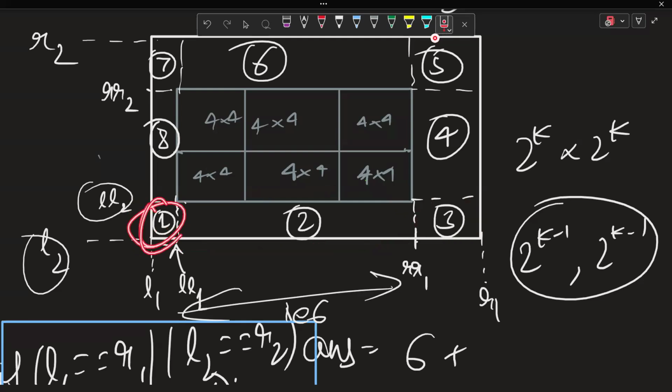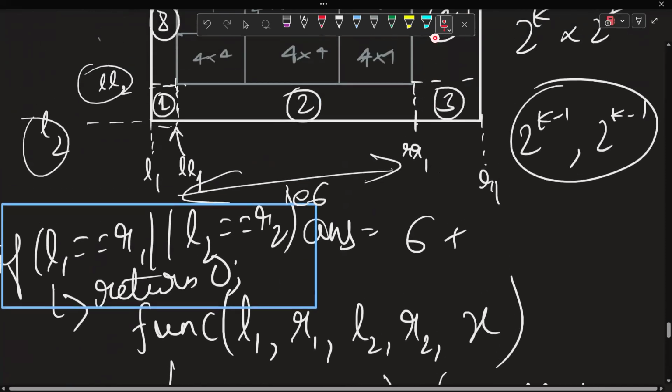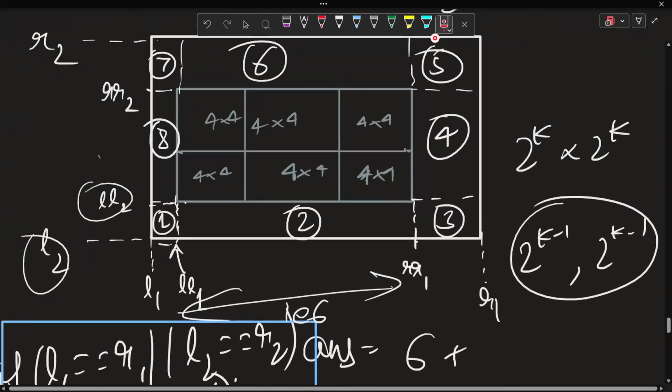So all of these would be less than that length. So at max you are always dividing by less than half, less than half, less than half.